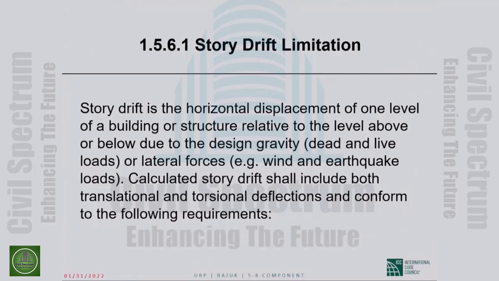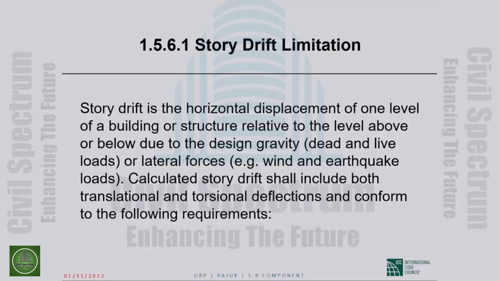Story drift. I don't have any problem with this. This is something you have to understand. Story drift is the horizontal displacement of one level of a building relative to the level above or below.